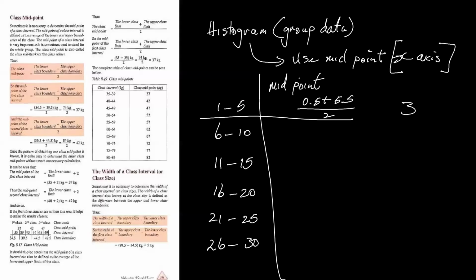So 10.75. So it will be 5.5 plus 10.5 divided by 2.